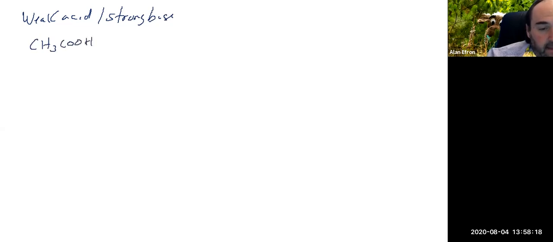So this would be a titration of a weak acid, again in the beaker or flask, and a strong base up in the burette. Like the one we talked about, something like acetic acid plus some sodium hydroxide, going to make a little sodium acetate and some water in this particular case.